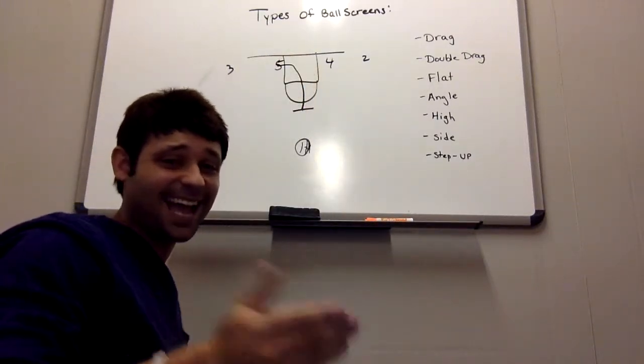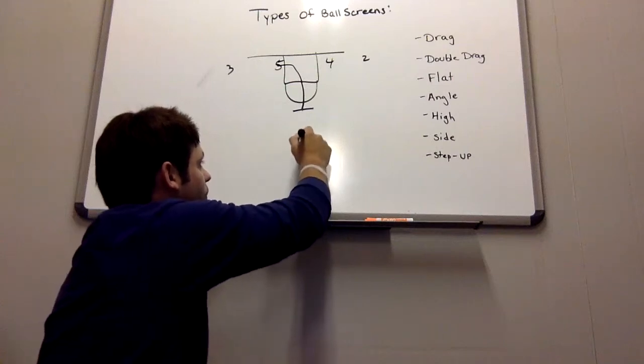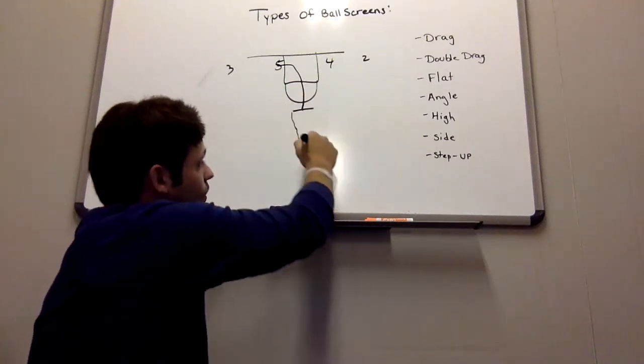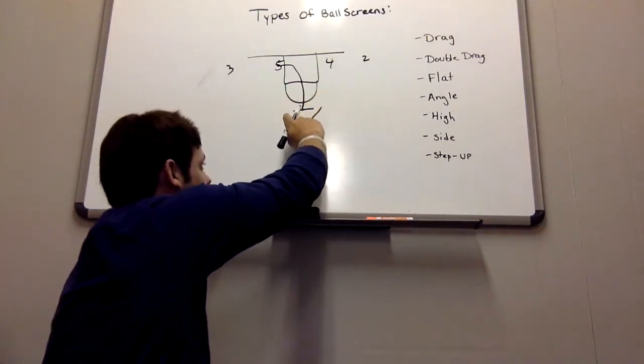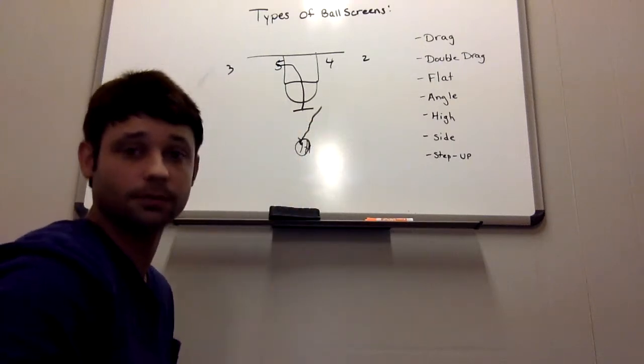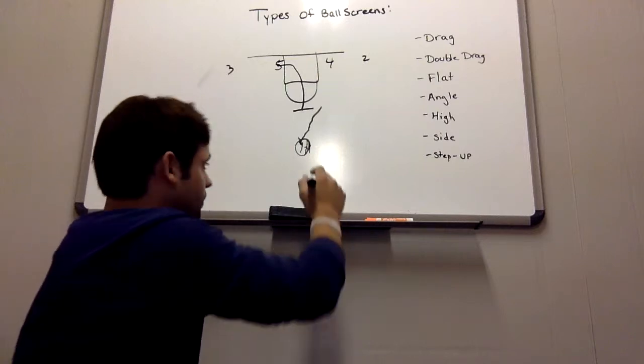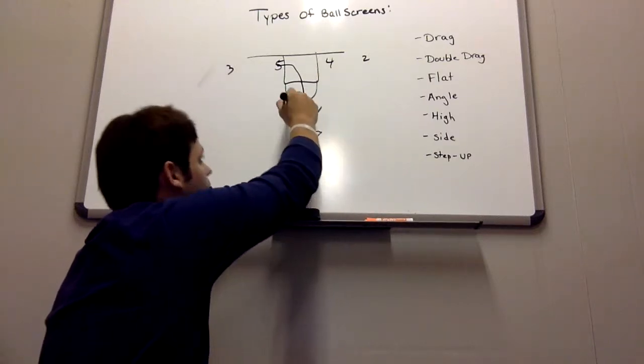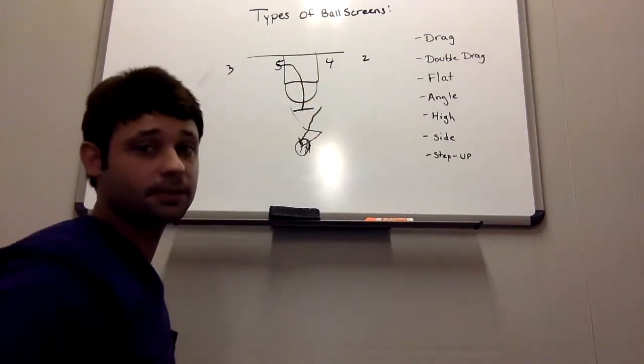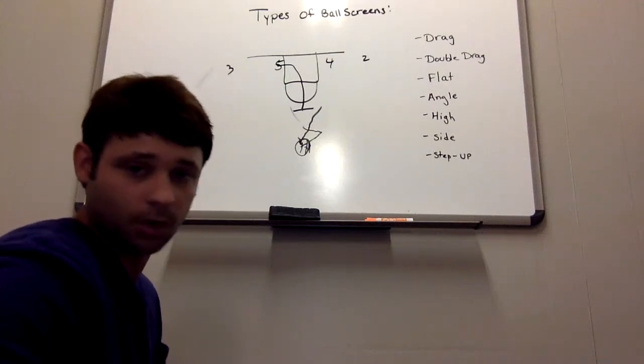That allows the 1 to either go left and make a play, or go right to make a play. It's his choice. Whatever he needs to set him up, then go off. With that flat screen right there, you can do so many things.